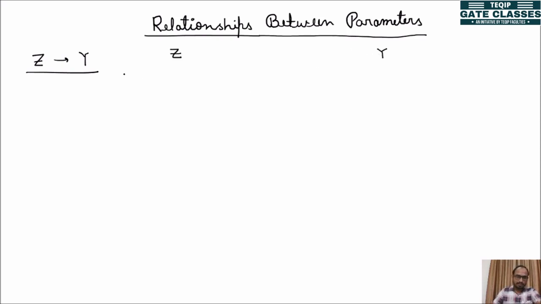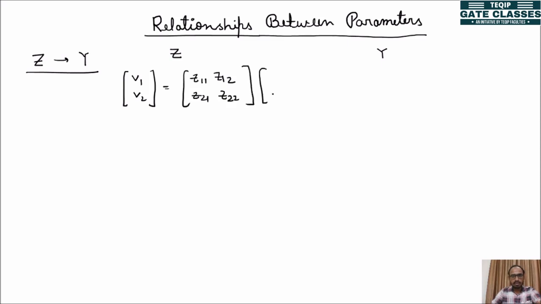You can write for Z parameter [V1 V2] is equal to [Z11 Z12; Z21 Z22] [I1 I2].